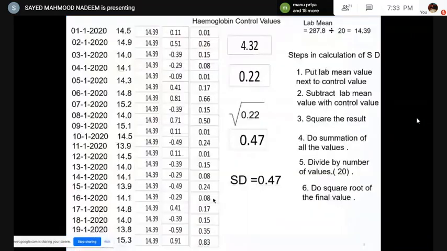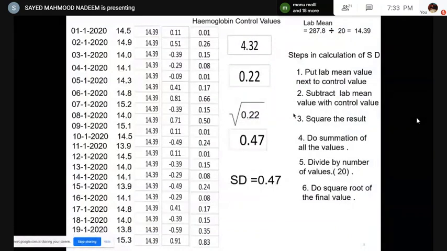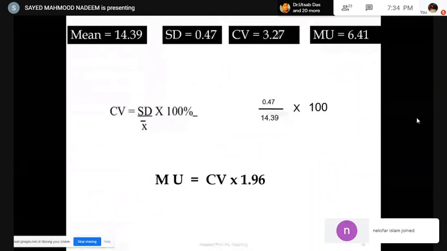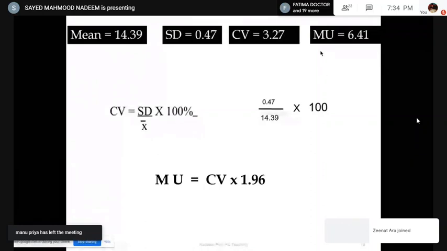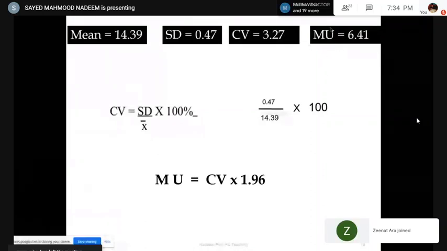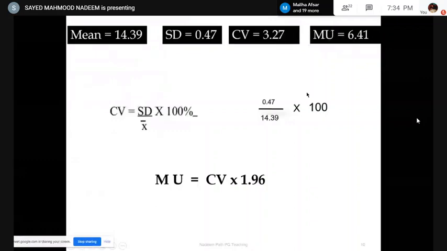We then showed you exactly how we make the lab mean and what is the importance of the lab mean, what are the limitations of a kit mean, and how we derive the SD, and then how we derive the coefficient of variation, that is SD upon mean into 100. Then how we derive the measurement of uncertainty by multiplying it by a constant 1.96.